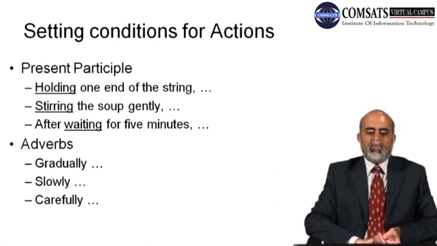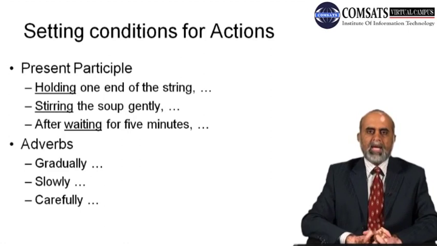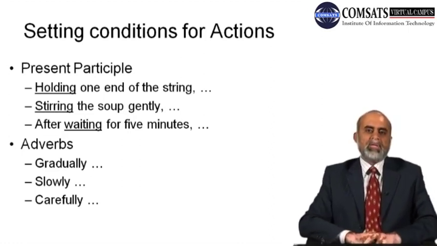Okay, now we move on and we look at how we can set conditions for these actions. One way to set conditions for these actions could be by using a present participle. What I mean by present participle is simply the ing form of the verb. Like instead of hold, if I say holding, this could be the present participle when it is used as a verb in a sentence.